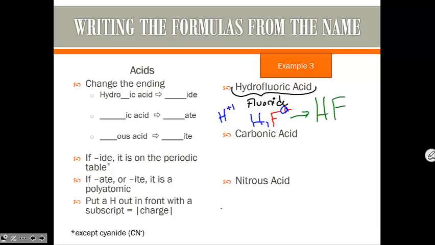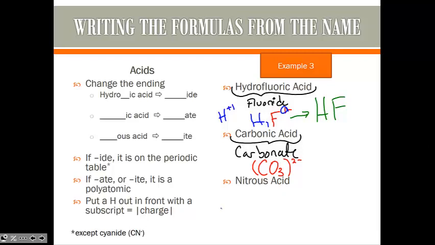For oxyacids, acids that end in "ic" or "ous," we will need to know our polyatomic ions. So carbonic acid must come from carbonate, meaning I need to know the formula for carbonate. Hopefully you have memorized your polyatomic ions, or the Nick the Camel story, to figure out that carbonate is carbon with 3 oxygens that together have a -2 charge.